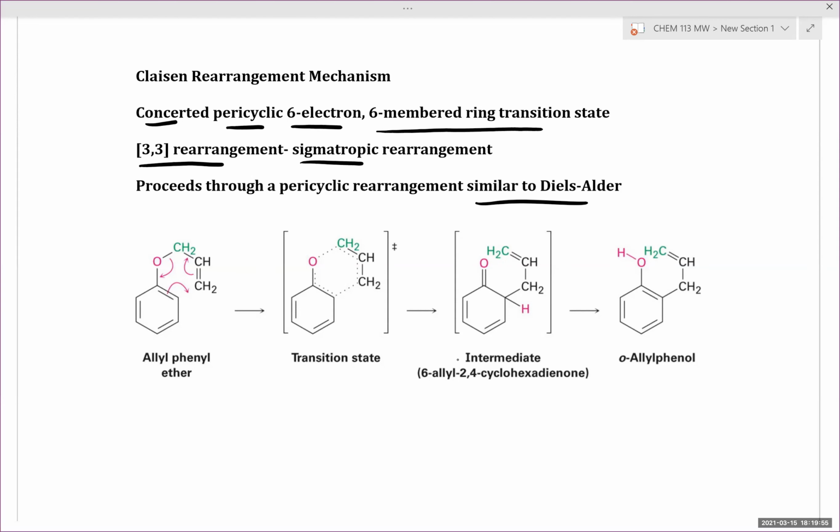I'd want you to note that we generate an intermediate alpha allyl ketone that tautomerizes to the phenol. And really important, this occurs under thermal conditions.